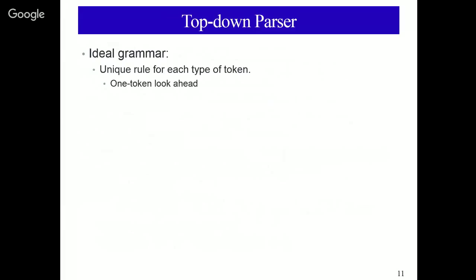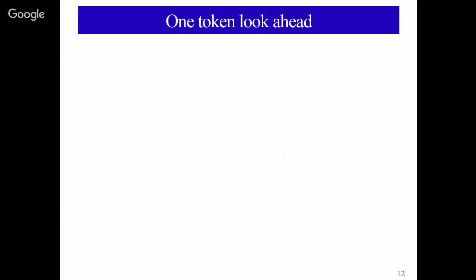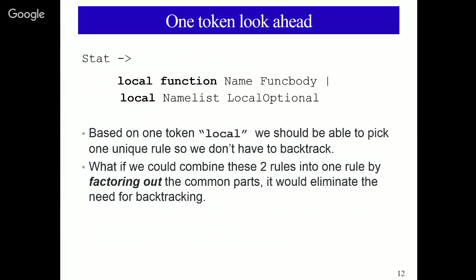So if you have more rules for a particular non-terminal symbol that all start with the same token, it makes it hard to decide which rule you're going to pick. I have a type here, like int. Which rule do I pick? Well, if you pick the wrong one, then you're going to have to come back and try another one.